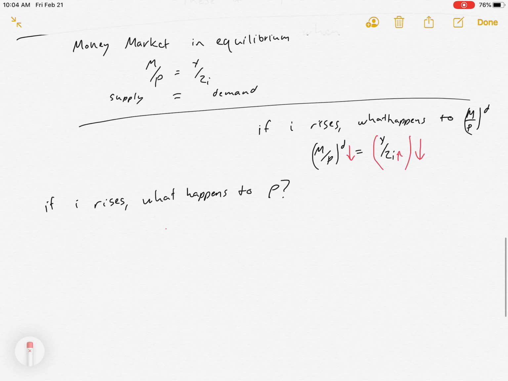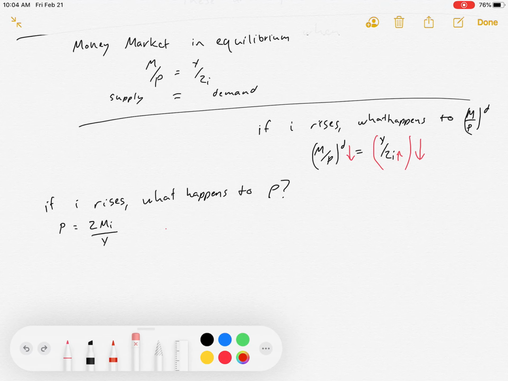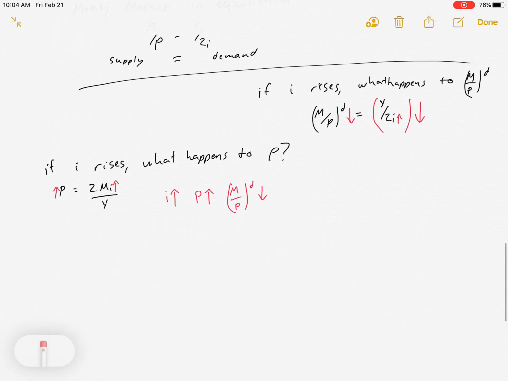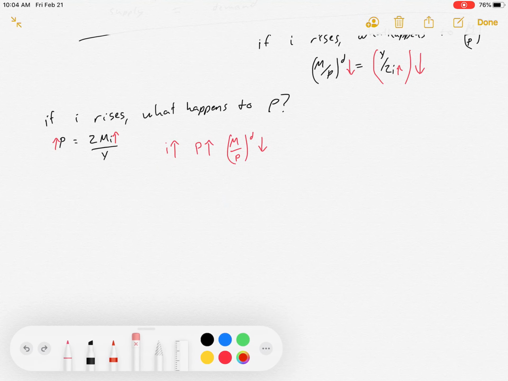If the interest rate rises, what happens to the price? Well, let's see. We can rewrite all that stuff to get it as a function of price. All I did was move some fractions around to solve for P. And if the interest rate rises, price goes up. So if the interest rate rises, we're going to see price up. We're going to see demand go down.